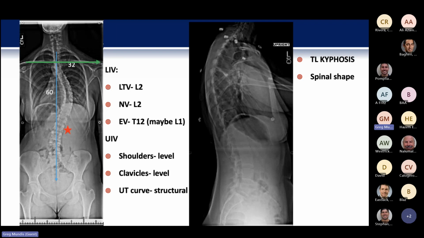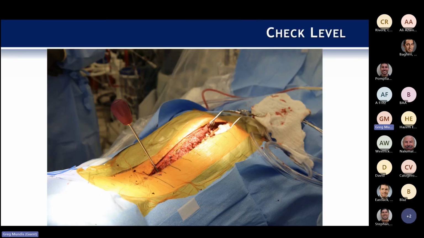Then you'll want to know what's going on at the thoracolumbar junction, because you don't want to stop in an area of kyphosis. And as we think more about spine shape, especially in the adult world, I think it's important to keep in the back of our minds, as we recreate a sagittal plane for these kids, that we also restore the appropriate spine shape to them.